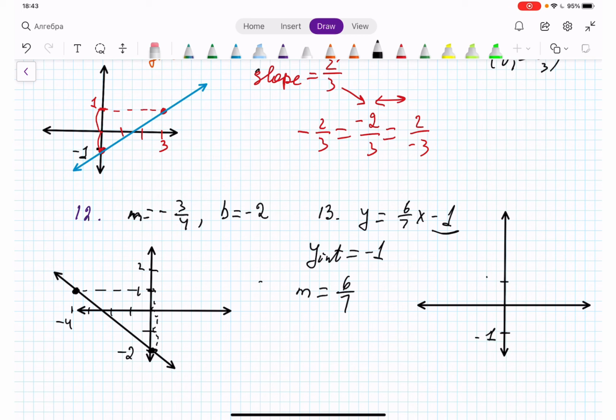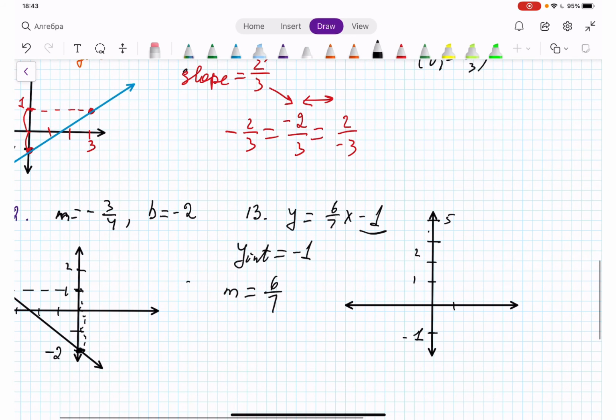This is +1, this is +2, and we have 1, 2, 3, 4, 5, and 7. Okay, great. 1, 2, 3, 4, 5, 6, 7.